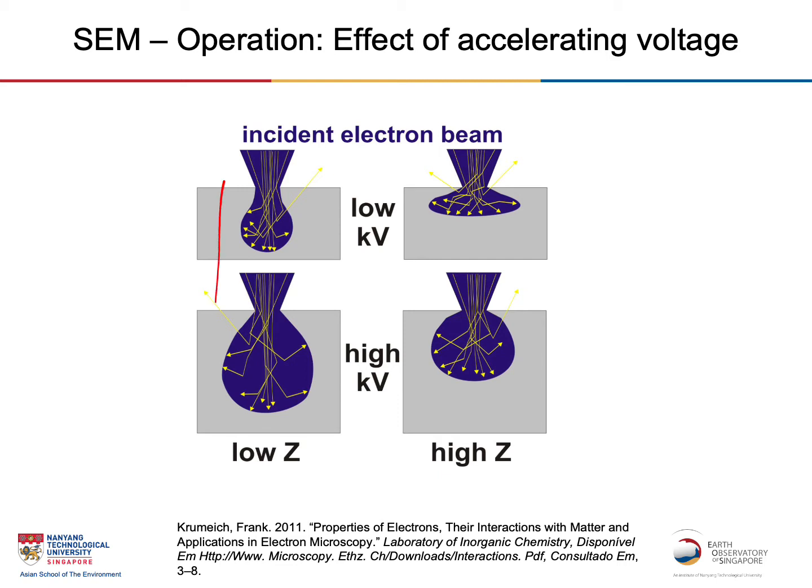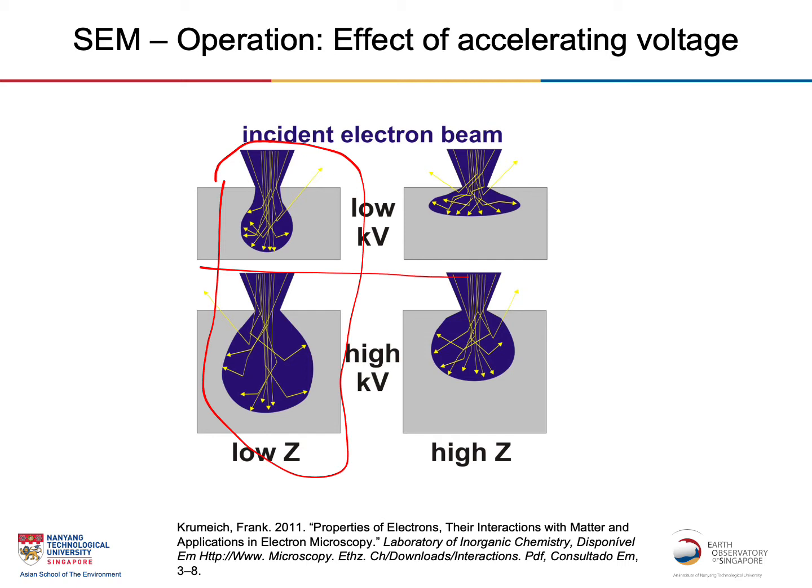If you look column-wise, the top one is a qualitative comparison between low accelerating voltage and higher accelerating voltage. The higher accelerating voltage causes the electrons to penetrate much deeper and create a much larger interaction volume. That may affect the spatial resolution of your analysis.